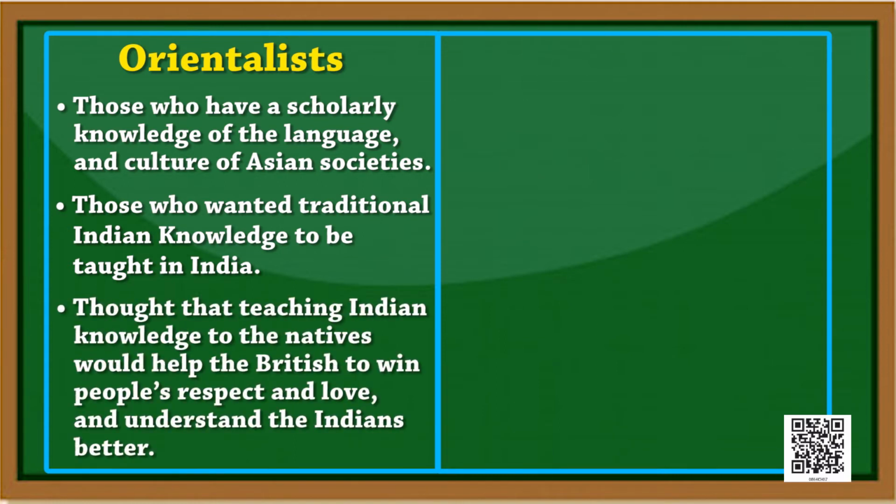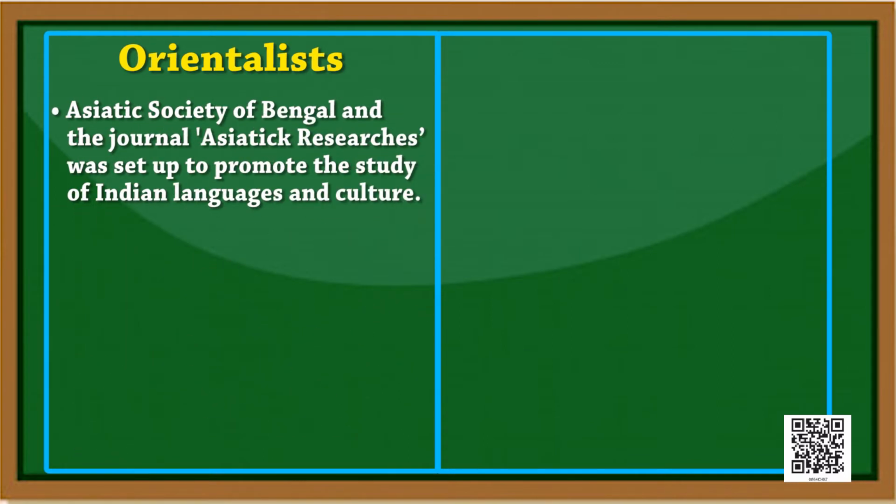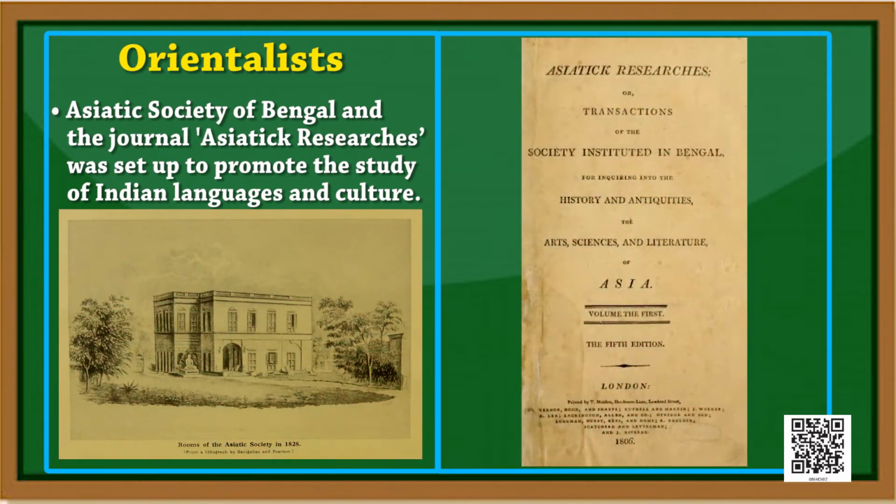They thought that teaching the natives Indian knowledge would help the British win the love and respect of the natives and help the British understand the natives better. Jones, along with Halhed and Colebrook, started the Asiatic Society of Bengal and set up the journal Asiatic Researches to promote the study of Indian languages and culture.